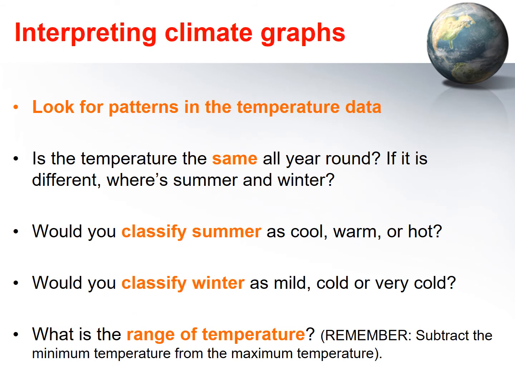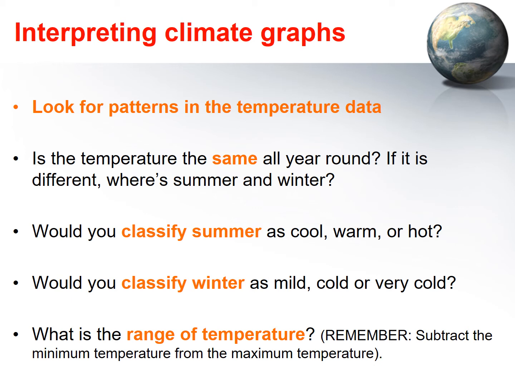When you are interpreting climate graphs, as I just previously mentioned, but to reiterate, you want to look for patterns in the temperature data. Some of the questions that you can ask yourself when you're looking for patterns in the temperature data is first, is the temperature the same year-round?